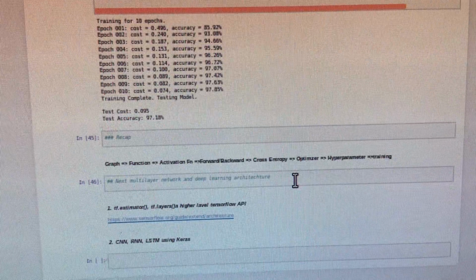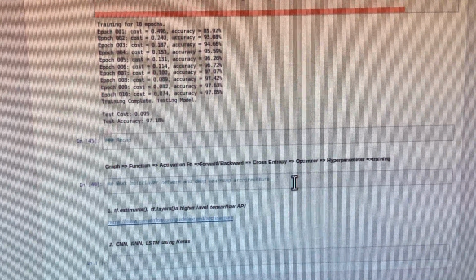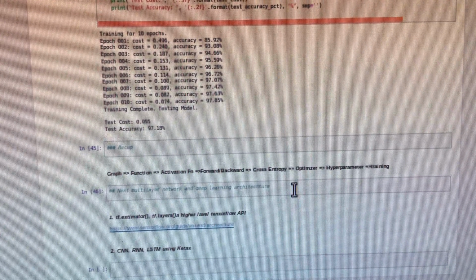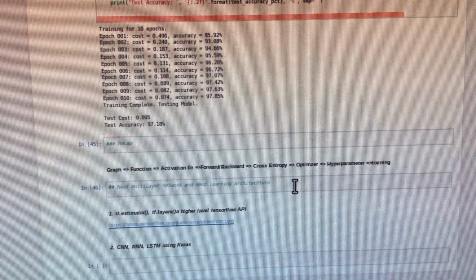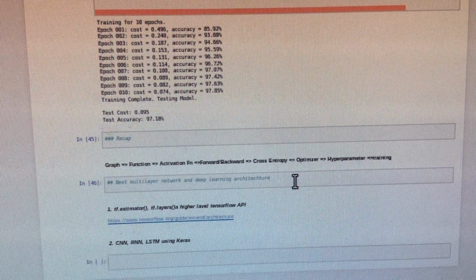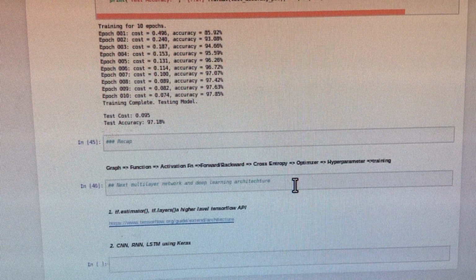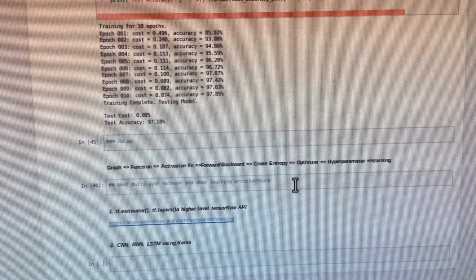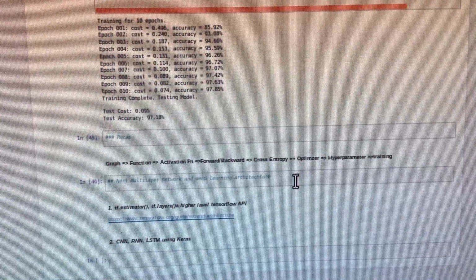We can go beyond this session with the application of other functions of the TensorFlow API, like TF extension, TF Estimator, TF Layers. We can use Keras for making CNN, RNN, and LSTM architectures.